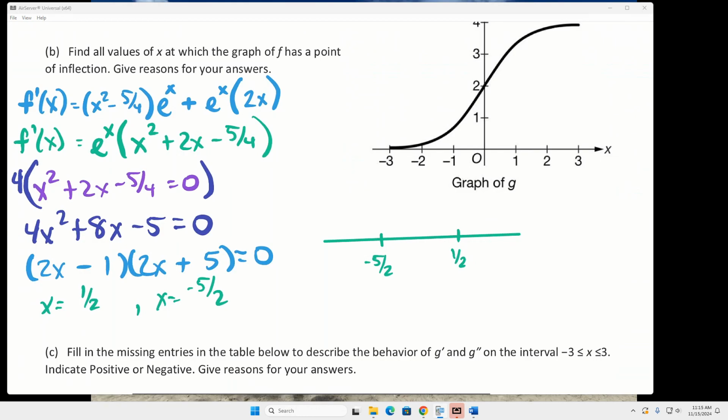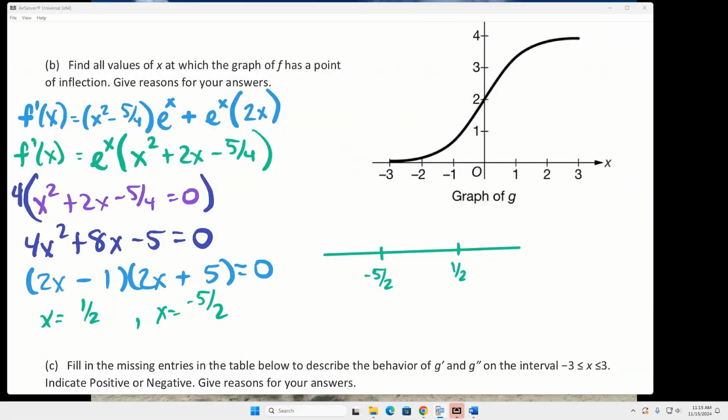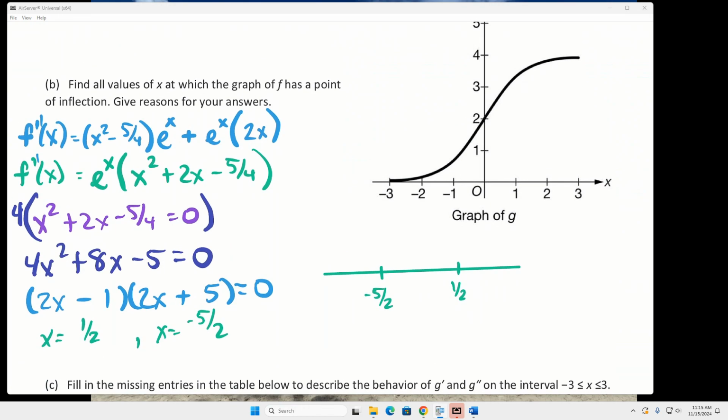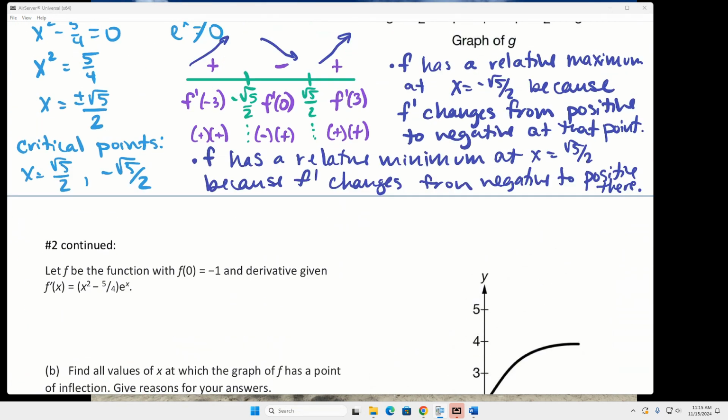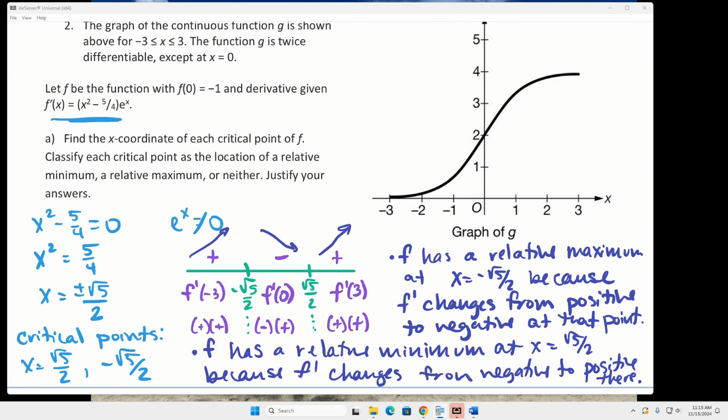So what makes the second derivative, let's call it the right thing, what makes the second derivative negative is, what makes the second derivative 0 potential points of inflection? Did it confuse you because I didn't have 2 little marks right there? Okay. What makes the first derivative 0 is potential relative maximum or minimum of the original.